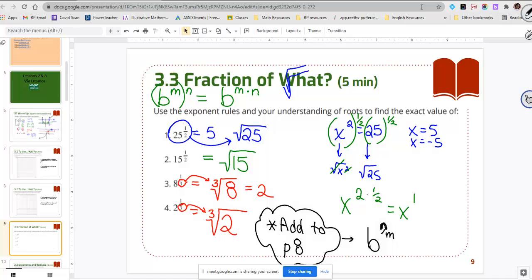So any fractional exponent, because we're not locked into always being over 1. b to the n over m we can rewrite as the m root of b to the n power. The numerator is going to stay with the base. The numerator is going to stay as an exponent. The denominator of our exponent becomes the root of a radical symbol.